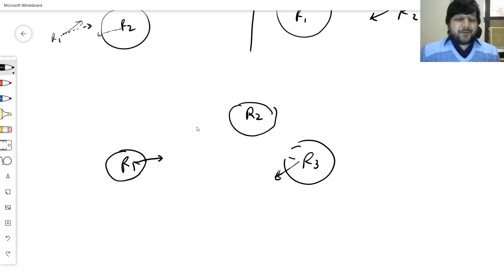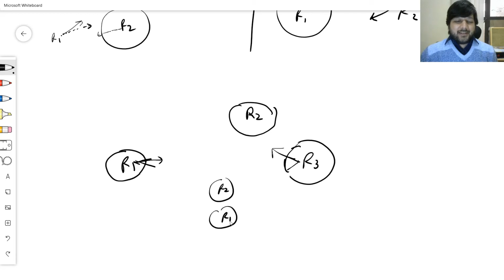But now you are closer to R2, so you try going here so as to avoid R2, and R3 sees you going here, it does its velocity obstacle and it again tries to go here. Now you're away from R2 and you again do this thing. Eventually, of course, when R2, R1 and R3 are nearby, this is what's going to happen. So it'll be R2, R1 and R3, and now R3 knows it needs to go here, R1 knows it needs to go here, and R2 knows it needs to go here, which is okay.